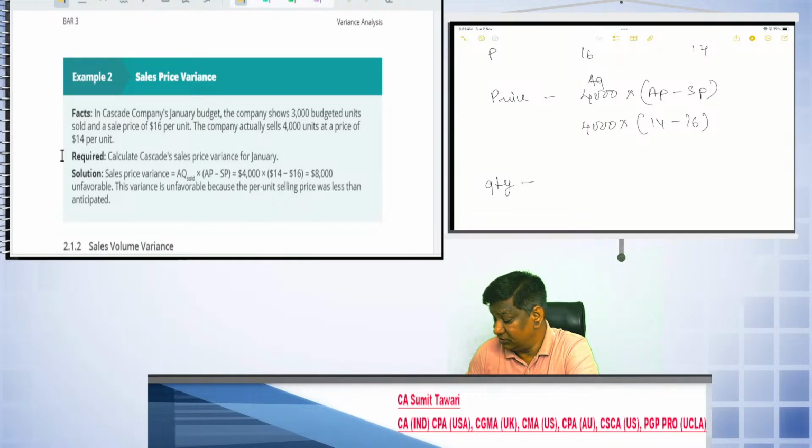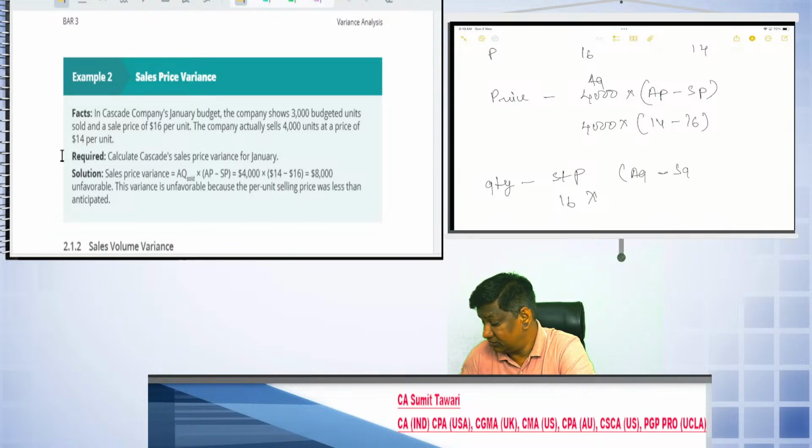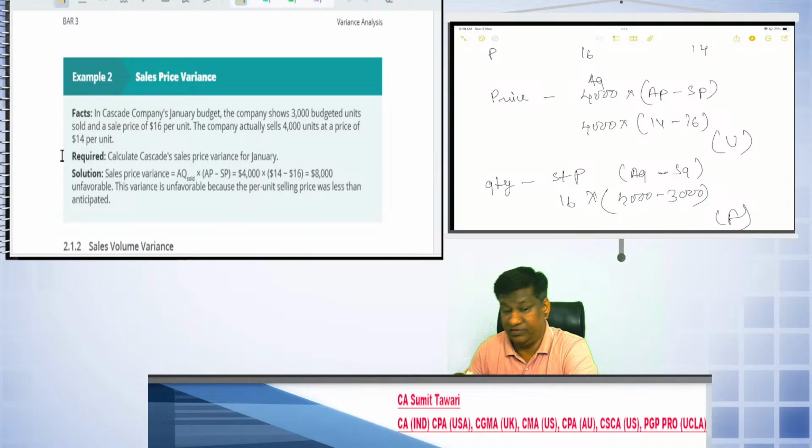Here I need to consider the standard price, which is 16, multiplied by actual quantity minus standard quantity, which is 4,000 minus 3,000. So this one is unfavorable, and this one is basically favorable. You can see 4,000 times 14 minus 16, which gives 8,000.